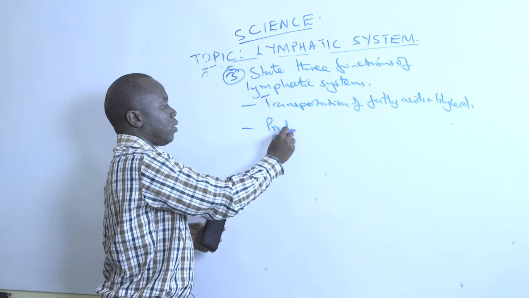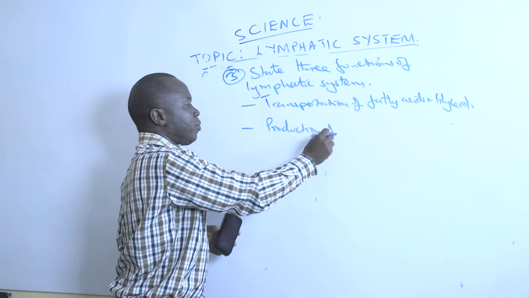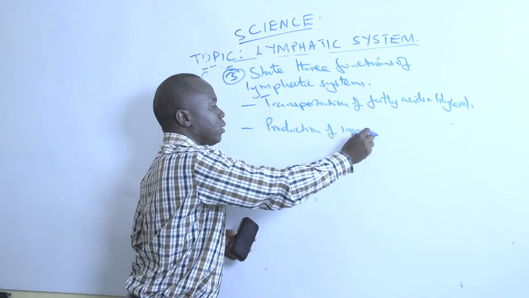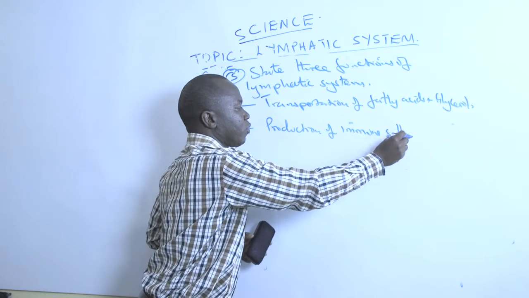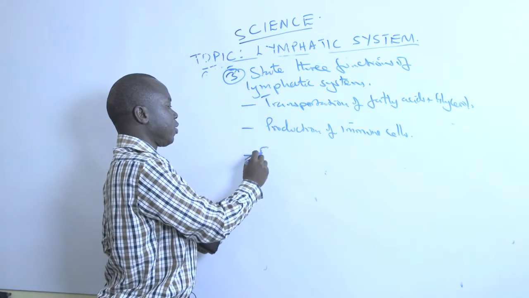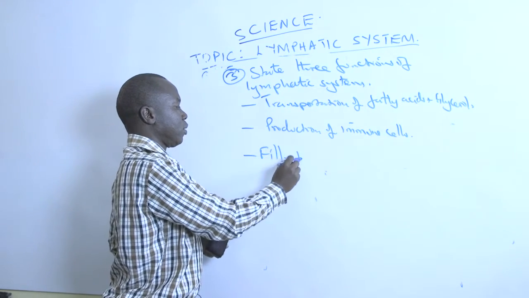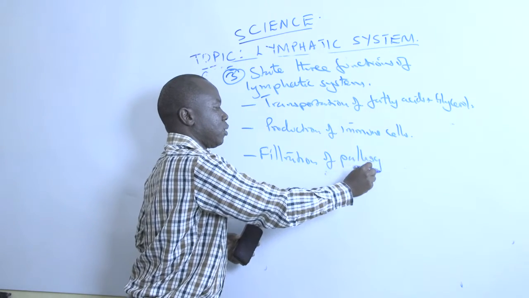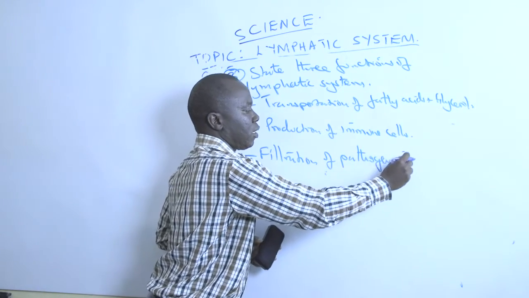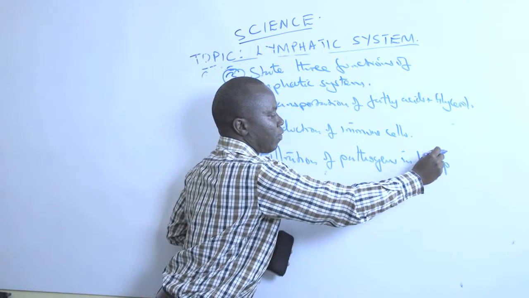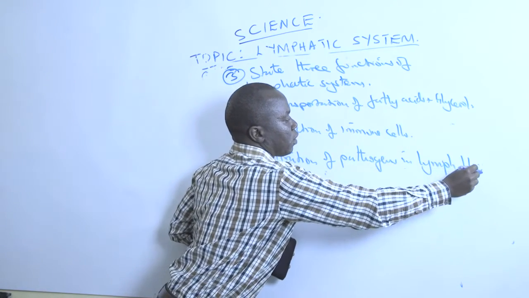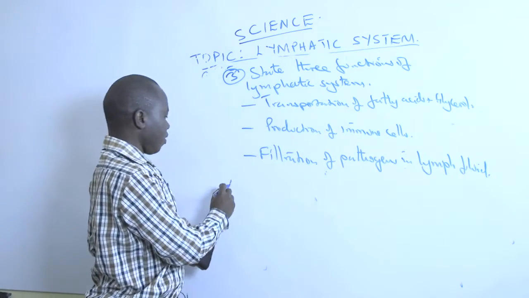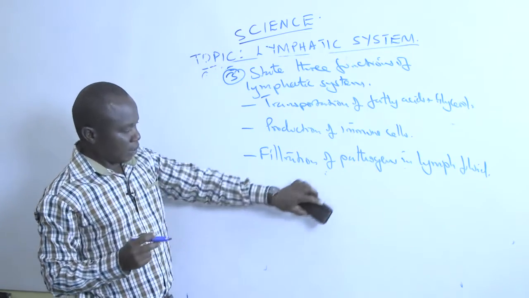Production of immune cells. Filtration of pathogens in the lymph fluid. There were several. At your own time, you can also add.